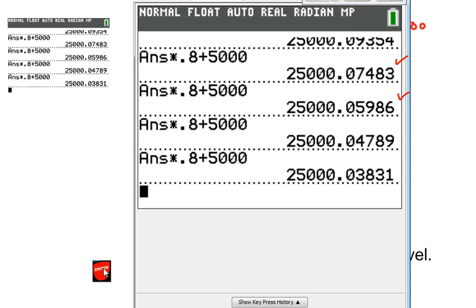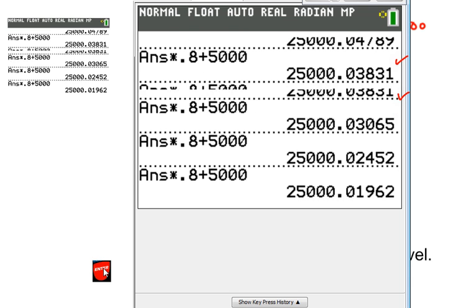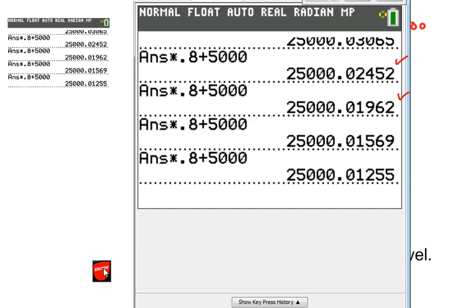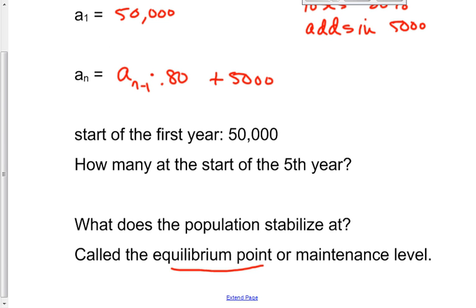Never going lower than 25,000. Okay, so in the fifth year, if you can remember, we said we had 35,240. And then what's the population stabilize at? 25,000.